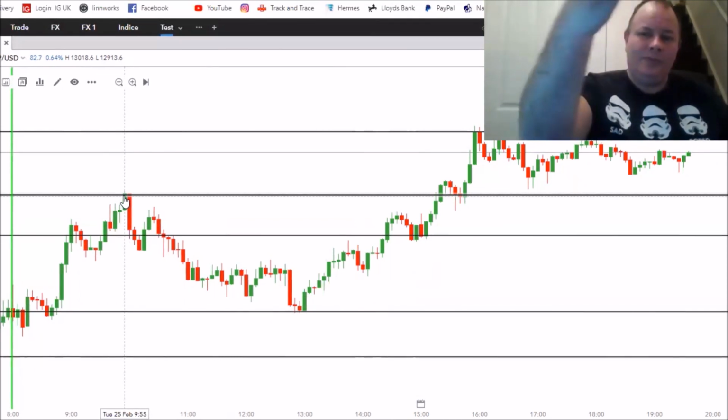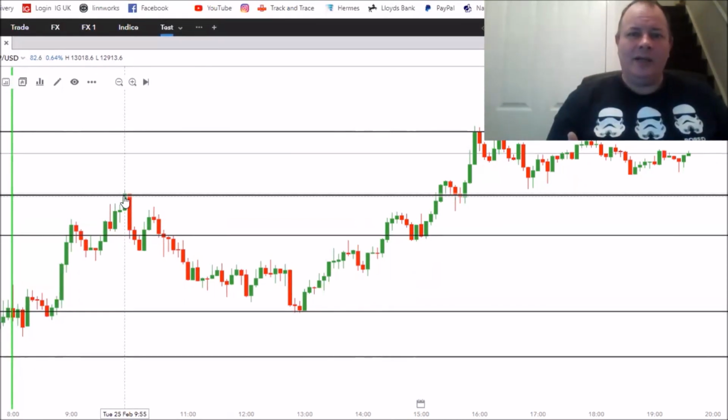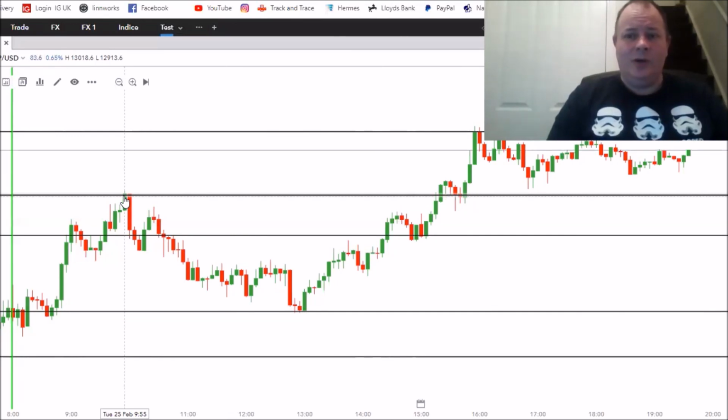It'll drive up, then come back as it's resetting itself, because you've got people getting in and out very quickly, and people who've got it wrong getting stopped out and reimagining what they're going to do. So you don't know now which way that market's going.